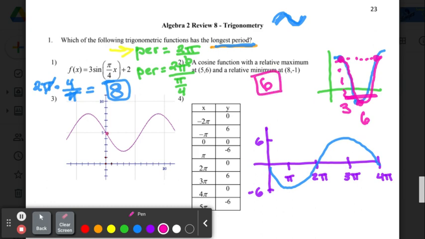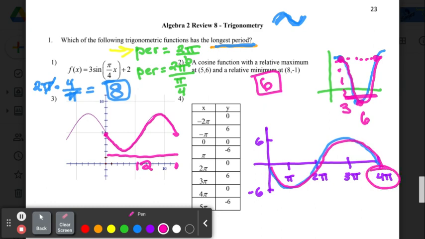For option 3, start at your y-axis. How long does it take to get back to your starting point? Right there. So I'm going to say this is about 12 spaces to get from the beginning back to the beginning. And over here, I graphed it already. It takes till 4 pi.